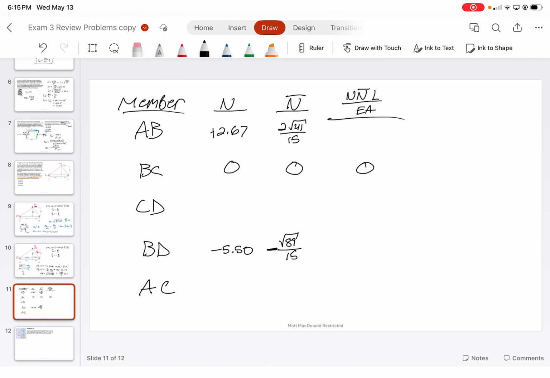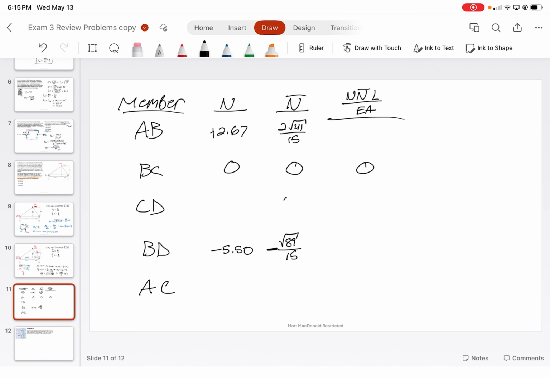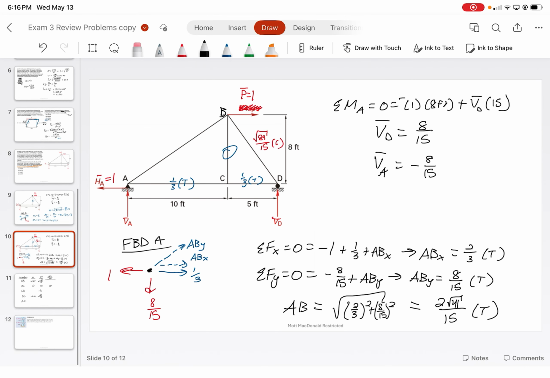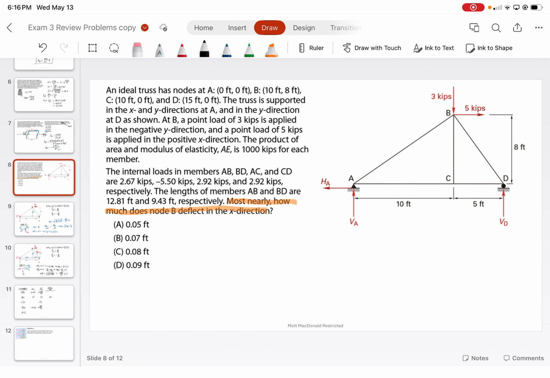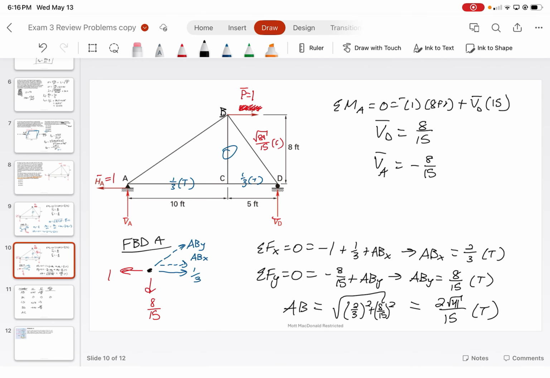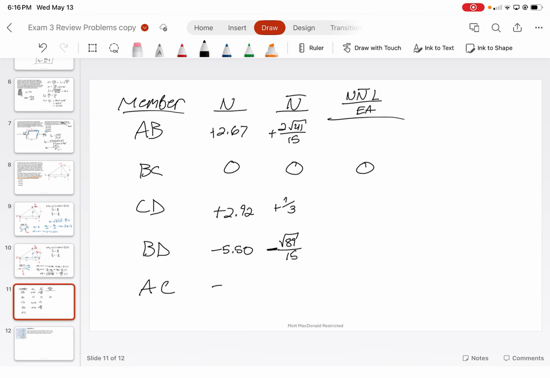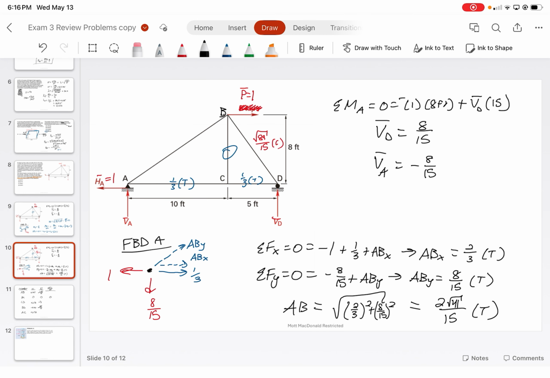For CD, we got 1/3 in tension. I'm going to throw positive signs here. CD was 2.92 kips in tension, and then it was 2.92 for member AC also. And that force was 1/3.